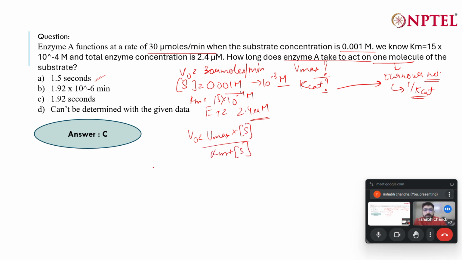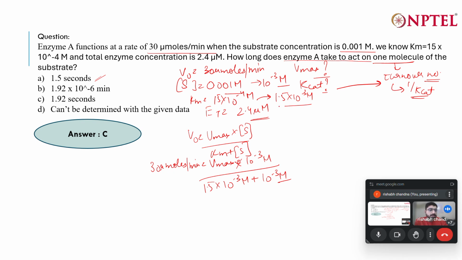Okay. So V naught is 30 micromole per minute. Vmax we have to find out. Substrate concentration is 10 to the power minus 3 molar. Km is 1.5 into 10 to the power minus 3 molar, and substrate concentration is again 10 to the power minus 3 molar. So I have written Km again as 1.5 into 10 to the power minus 3 molar.